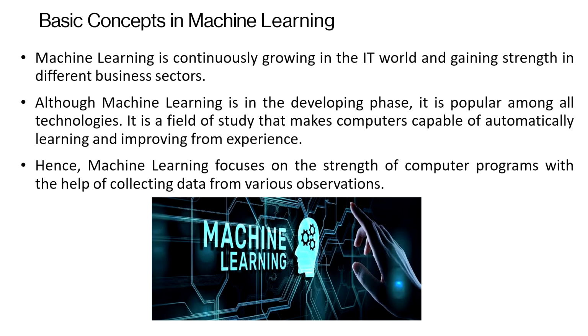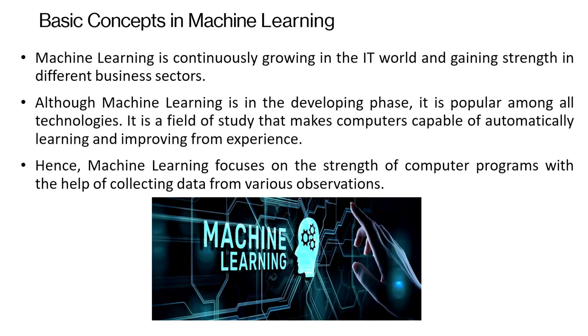But in machine learning, the approach is different. We provide data and the expected information or outcomes, and the machine learning algorithm identifies patterns from the data and develops a model. This model can then be used to make predictions or decisions when new data is provided.